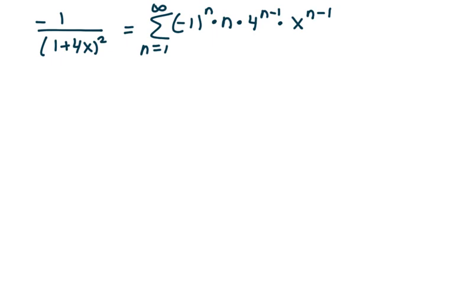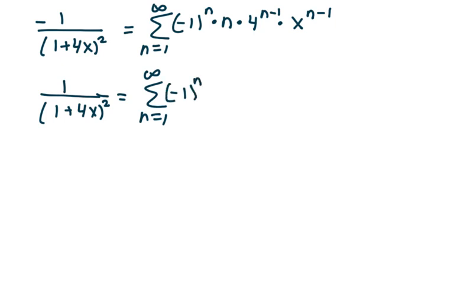So if we can, divide through by negative 1. So I get 1 over 1 plus 4x to the second is the summation from n equals 1 to infinity of negative 1 to the n minus 1 times n times 4 to the n minus 1 times x to the n minus 1.